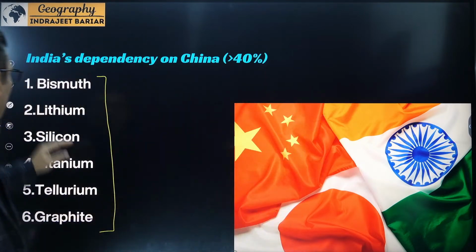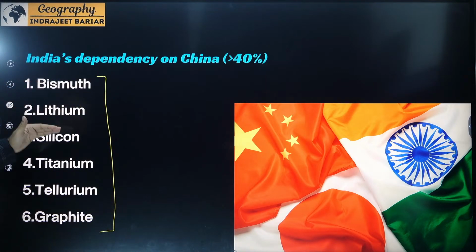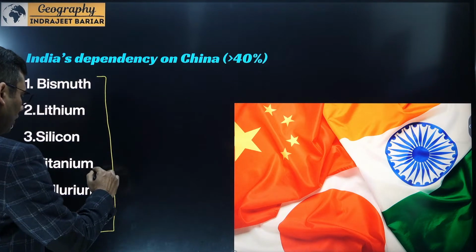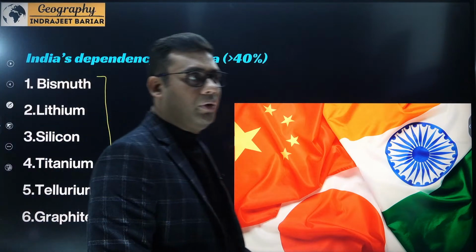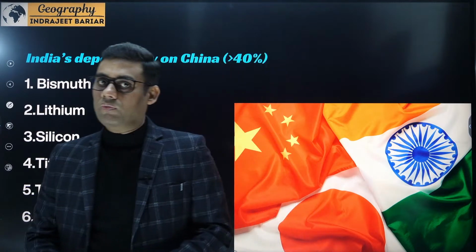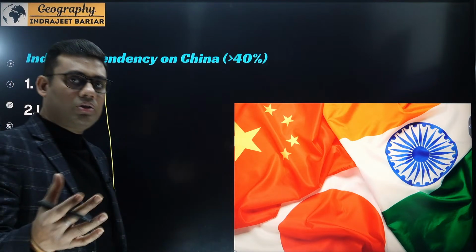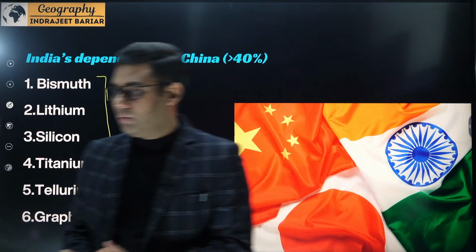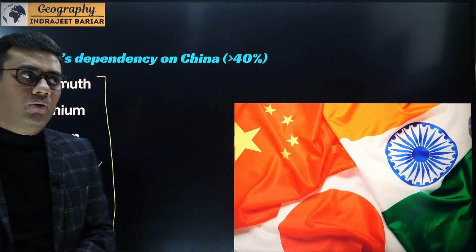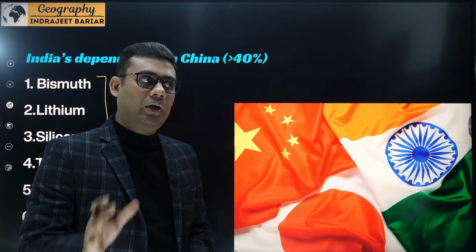These include bismuth, lithium, silicon, titanium, tellurium, and graphite, of which I have just told you about graphite and titanium. So these six are the critical minerals on which we are heavily dependent on China. So the question is, what are the major constraints with respect to critical minerals for India?